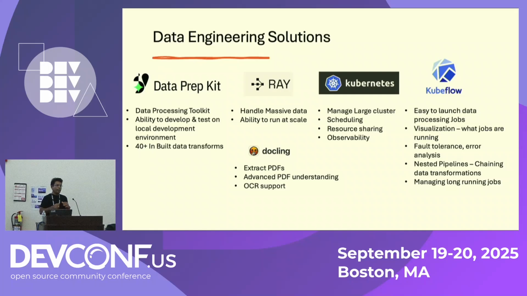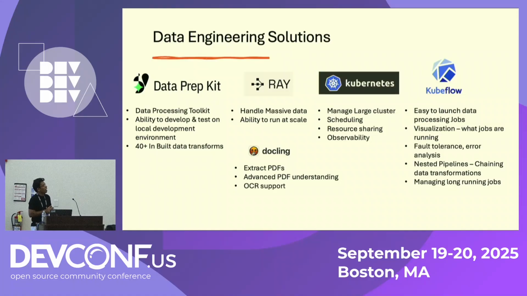Ray is a very nice scalable platform where you can run the same transform on a local machine, using a single CPU or multiple CPUs, and the same job you can run on a larger cluster. In Ray, you don't have to start and stop the Ray cluster if you are doing local development, whereas in a cluster, it can be managed by other tools.